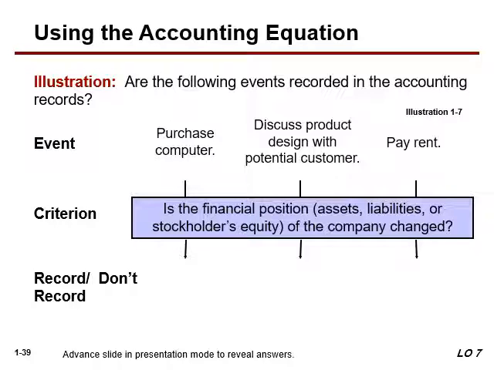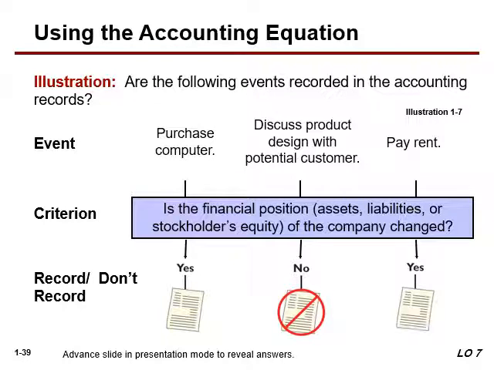Illustration. Are the following events recorded in the accounting records? We have the event, the criterion, is the financial position of the company changed, and record or don't record. For example, purchase computer, yes, because it is a transaction and we can see its effect on the accounting equation. Discussing product design with a potential customer is not a transaction.